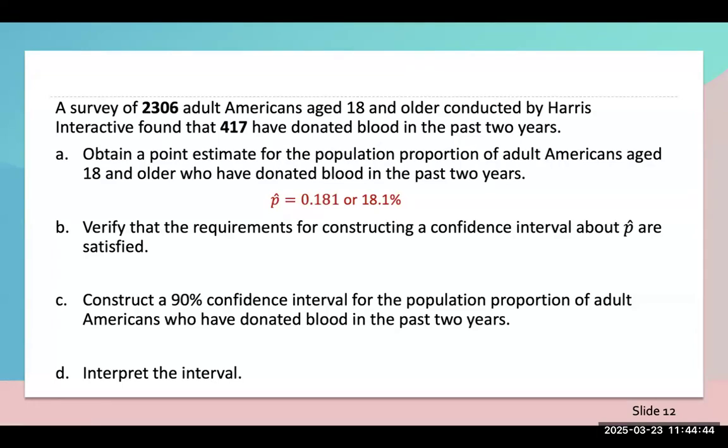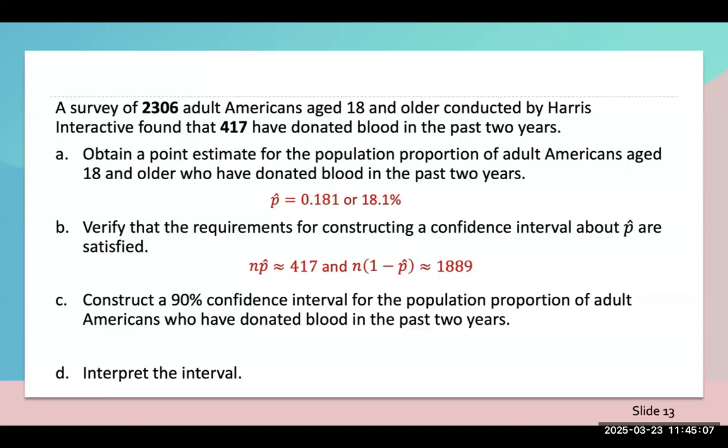Now let's verify that the requirements for constructing a confidence interval about p hat are satisfied. All we need to do is take the number of people in the survey and multiply it by p hat. So I took 2306 and multiplied it by 0.181, and I got 417, which was the number of successes in the problem.